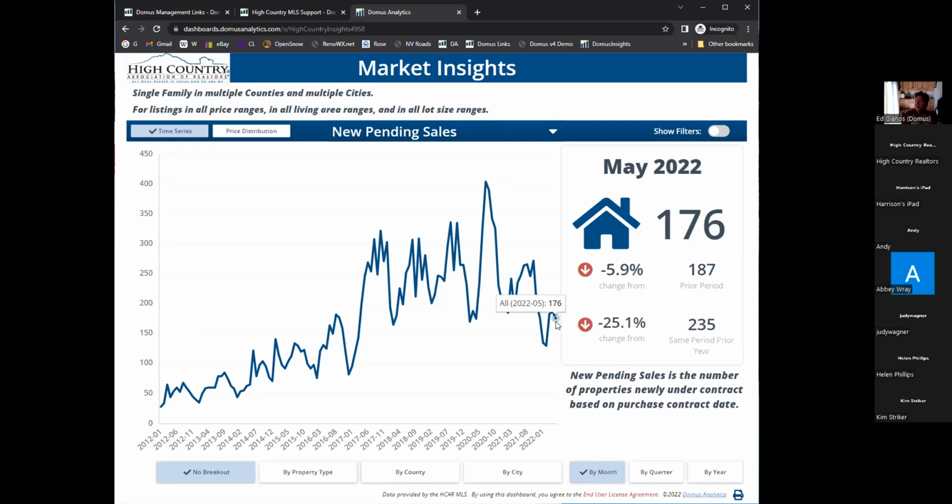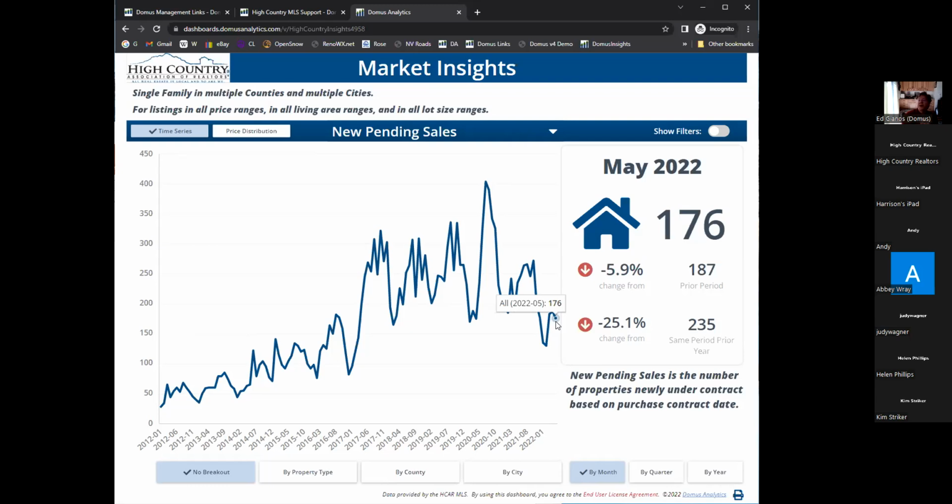I'm going to be watching this number like a hawk going forward, because as people's rate locks expire, as their mortgage numbers go up, as they continue to be challenged by income and increasing price, I think we're already feeling that buyers feel like they're at the top of the market and they might sit on the sidelines for a little while. There's a lot of sellers coming into the market feeling like they should have been on the market last fall but don't want to miss out. So I'm going to be watching this contract writing activity and watch where it falls off.